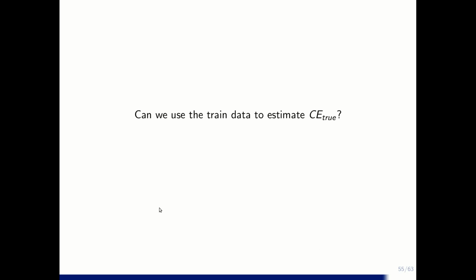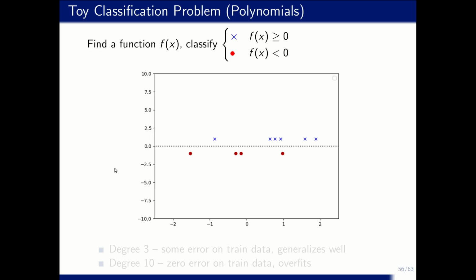So great, we have all this nice training data. So can we use the training data to estimate the true error? And actually, this is a bad idea, and this is related to the problem of overfitting. So we will discuss the overfitting problem repeatedly in this course, and it's often best illustrated with a toy problem. So here we have a toy classification problem where we have only one input feature, a single dimensional input feature here on the x-axis, and we have two classes.